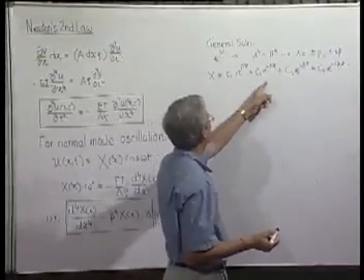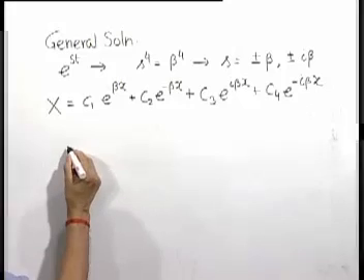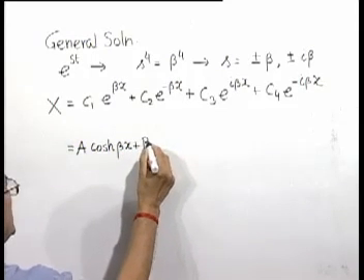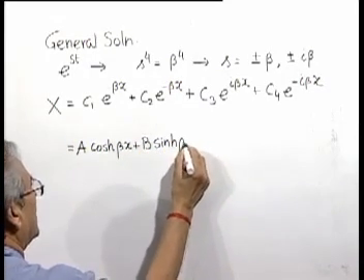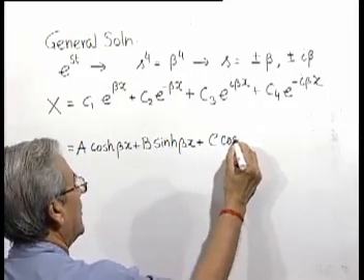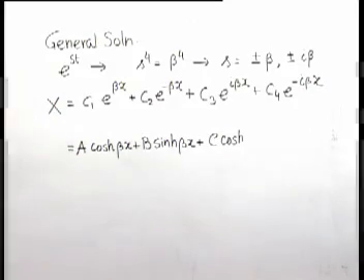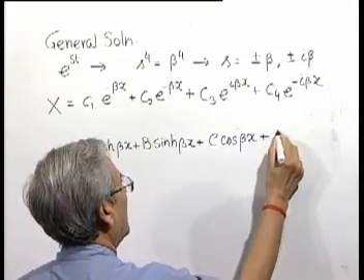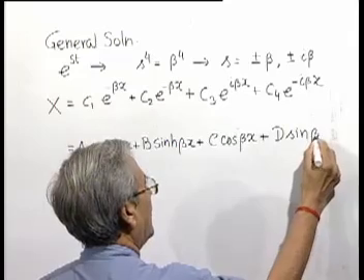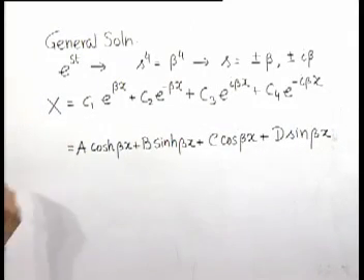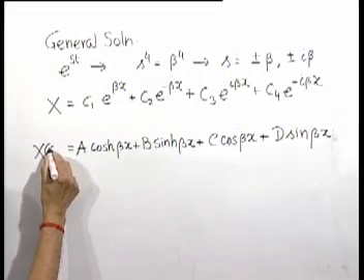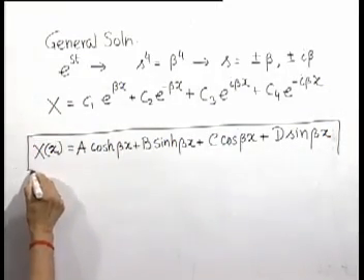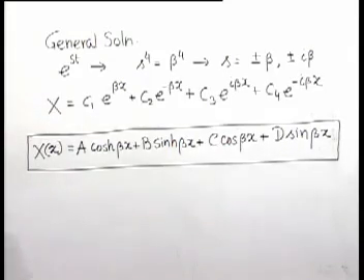This will lead to a hyperbolic function, this will lead to a harmonic function, or you can write it like this: A cosine hyperbolic beta x plus B sine hyperbolic beta x and so on. The constants A, B, C, D, including beta, will be determined by the boundary conditions.